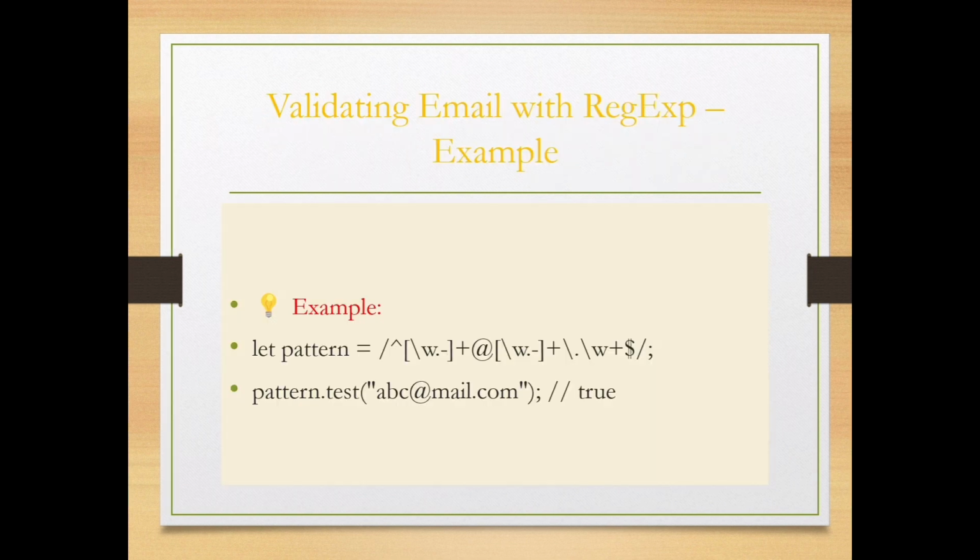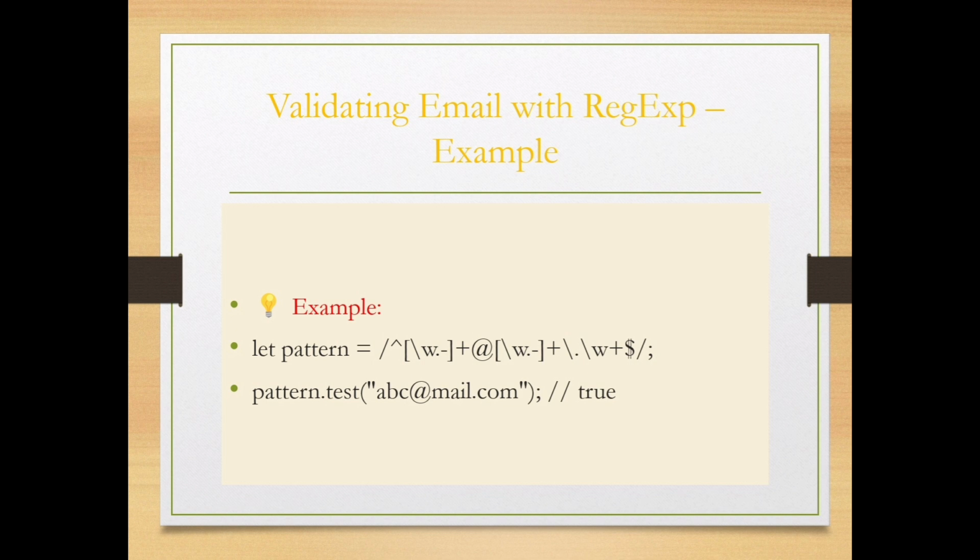Here I am taking a variable with let. The variable name I am taking is pattern. It must be, first, word characters, then the at sign, next word characters, and also a dot, next word characters again.